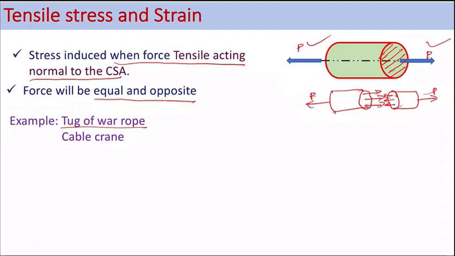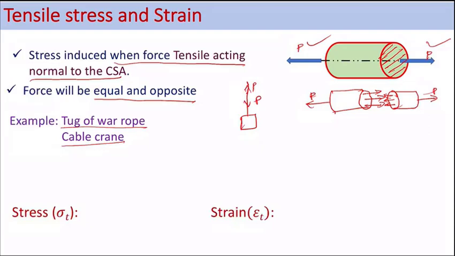Examples: tug of war rope, cable, crane. Suppose you are lifting a weight through a crane, the wire will be subjected to tensile force and tensile strain will be created in this wire. So stress is equal to load divided by cross sectional area, and strain is change in length divided by original length.